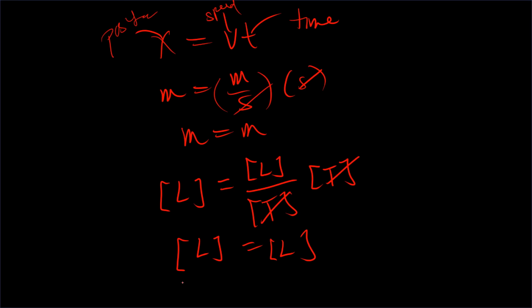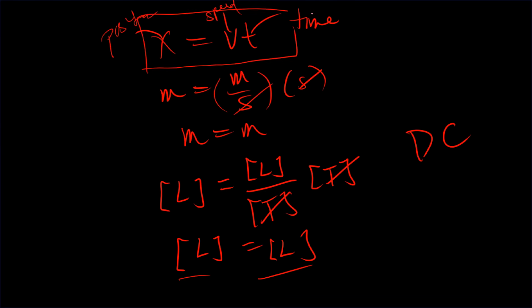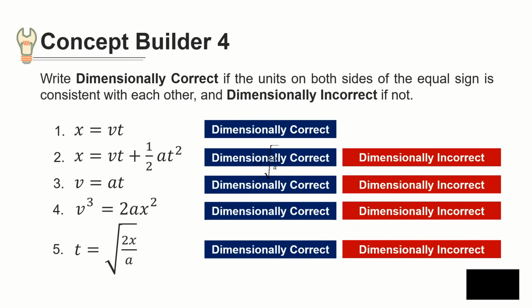So since pareho silang dimension of length, we can say that this equation is dimensionally correct. So ibig sabihin, we can use this formula to solve for the value of x, or to solve for the value of position. So number 1 is dimensionally correct.